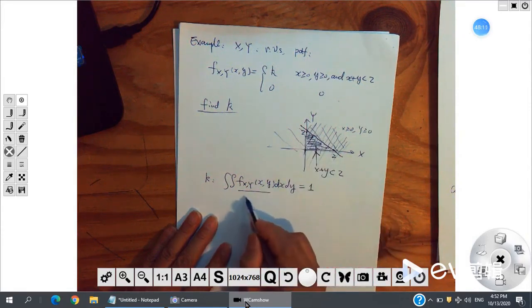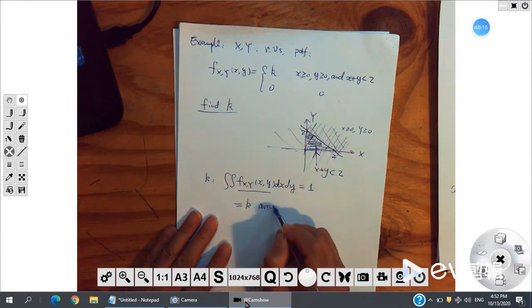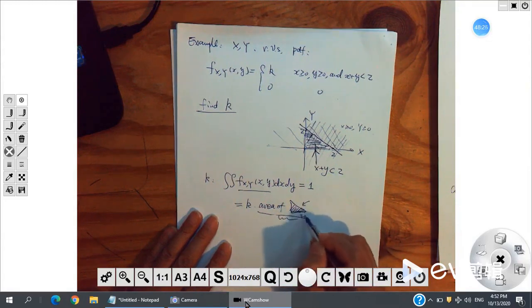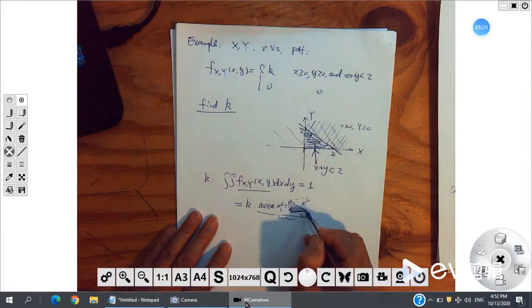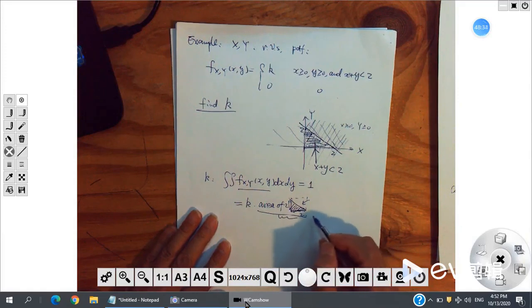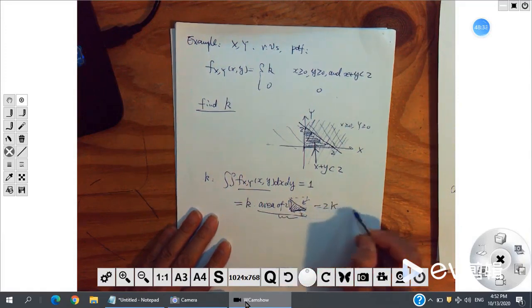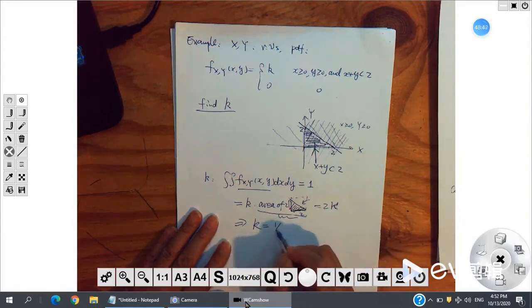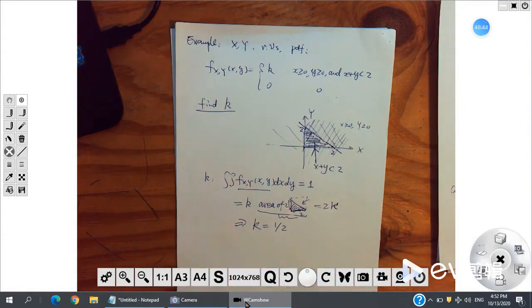So this will equal k times the area of that triangle, right? This side is 2, this side is 2. 2 times 2 is 4, so this rectangle is 4, and half of the rectangle is 2. So this is equal to 2k. Then k will be 1 over 2. That's it. Yeah, k is 1 over 2.